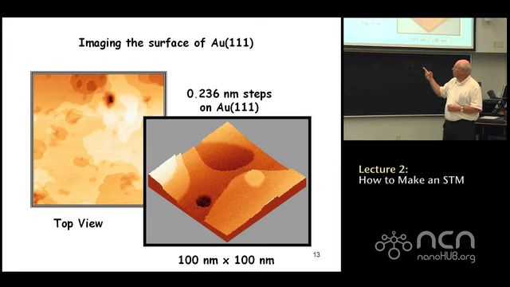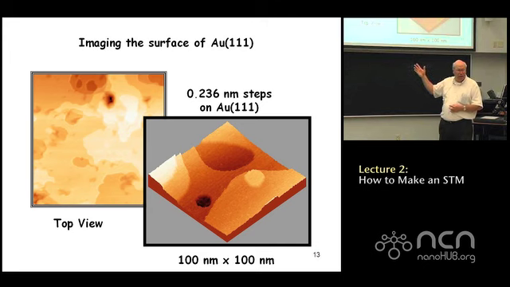And just to bring home that point, I'll show a couple of slides of images of gold surfaces. The image on the right is particularly interesting because you can see in that picture there are steps and plateaus, terraces. The height of those plateaus is precisely 0.236 nanometers. That's well established.